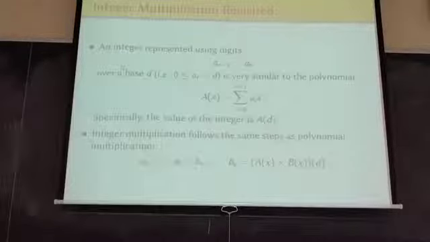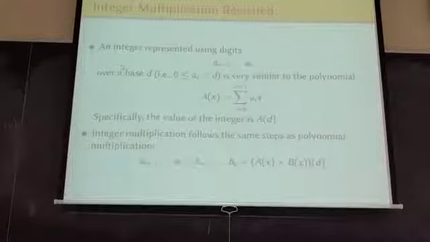Okay. So then we talked about how integer multiplication and polynomial multiplication are very similar to each other. In fact, when we do long multiplication by hand, what we are doing is essentially identical to polynomial multiplication. So using this similarity, we said that we can think about integer multiplication more generally in terms of polynomial multiplication.